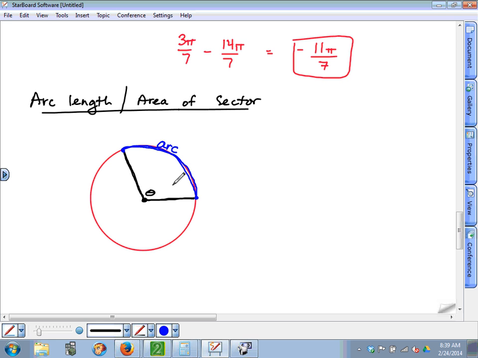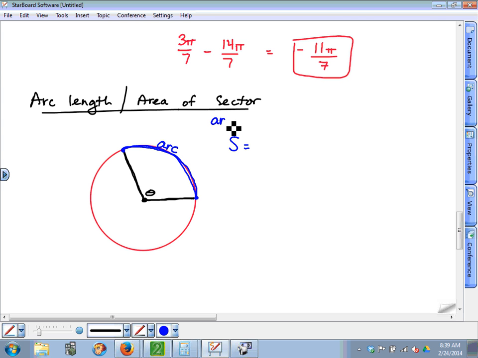If you go all the way around a circle, what kind of an arc is that? A circumference? All the way around a circle is a circumference, right? Okay. Now, for some reason, for arc the symbol is S. So when you see the letter S, they're talking about arc length.